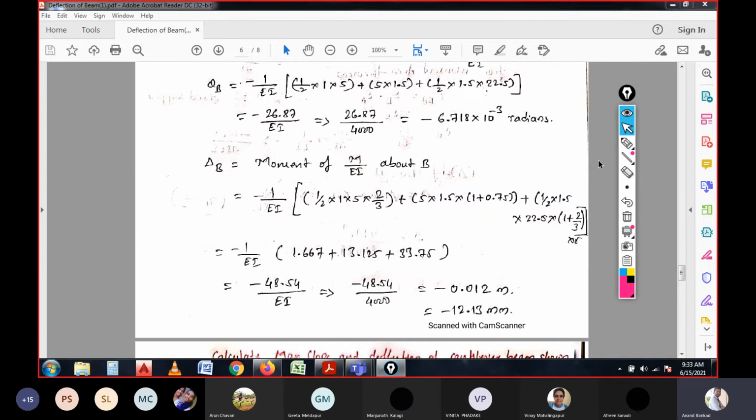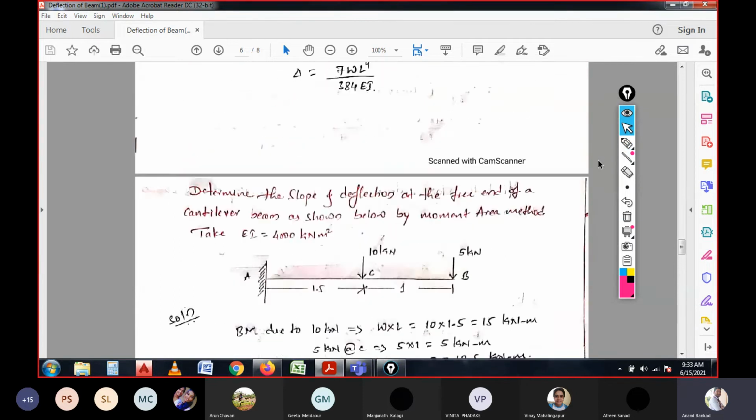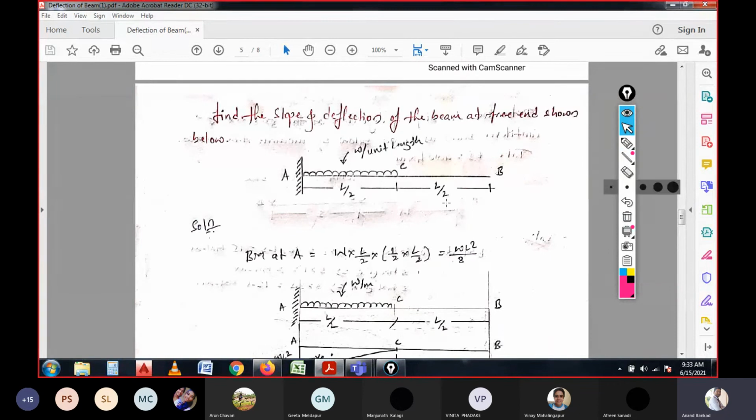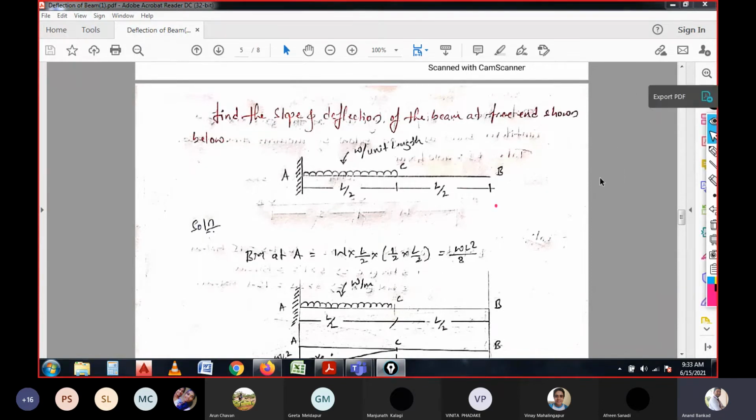On this discussion, I would like to give you an assignment. Whatever we have calculated for this, I will share these notes after this class. But I would like you to get the solution for the beam. Please consider this one as an assignment.